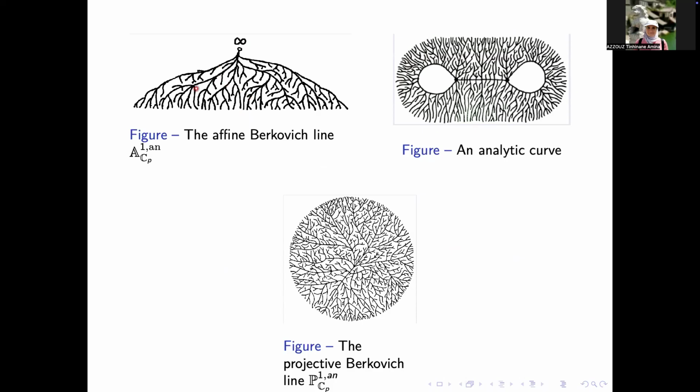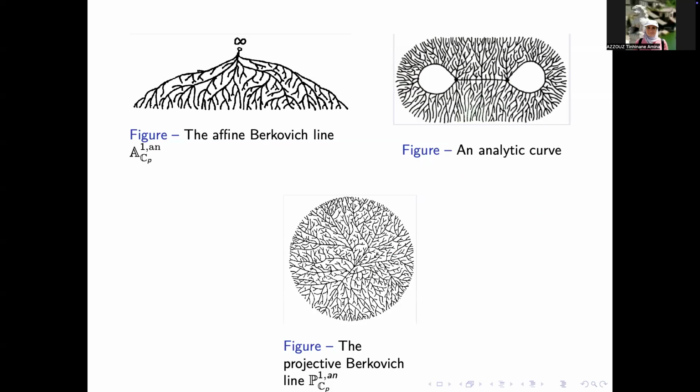And the projective Berkovich line is just this where I add the infinity, and then I have something like that. For an analytic curve, I will just explain something.